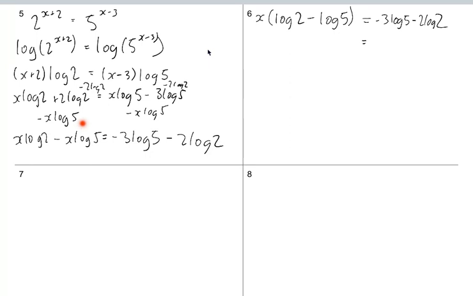We unpack it one step at a time until we get there, and then it gets simpler and simpler. So x is equal to negative 3 log 5 minus 2 log 2 all over log 2 minus log 5.